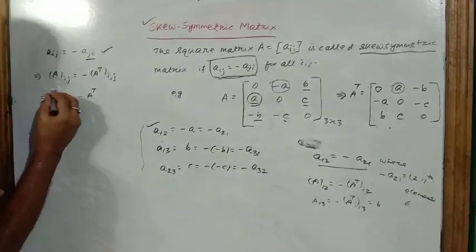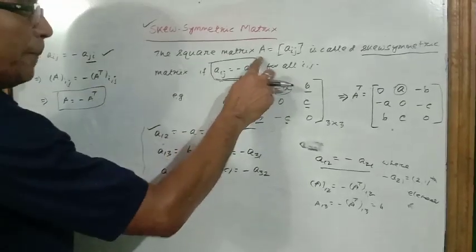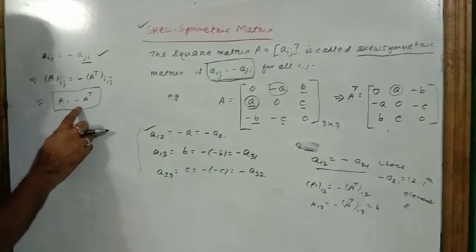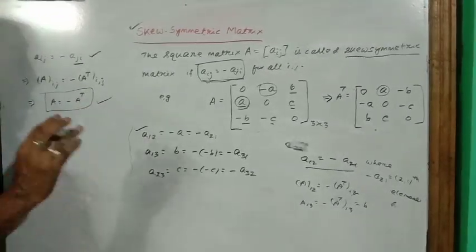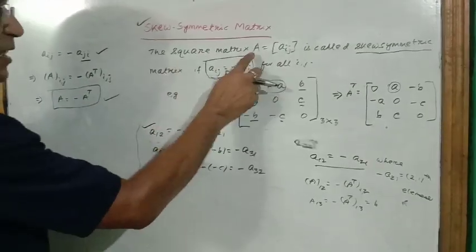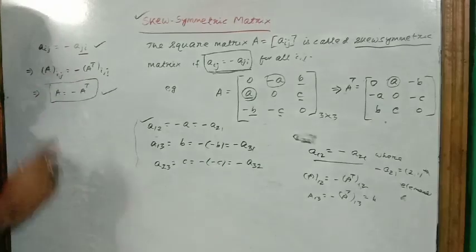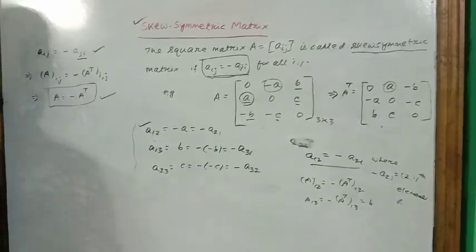So if this condition is satisfied, then a square matrix A is called a skew symmetric matrix. The condition must be A is equal to minus A transpose. This is the condition. So we remember that any square matrix A is said to be a skew symmetric matrix if and only if A is equal to minus A transpose.